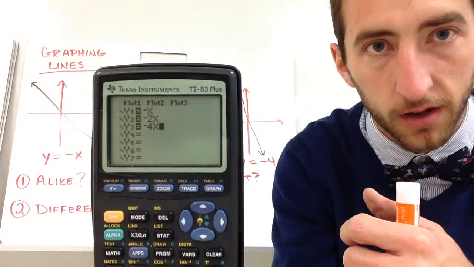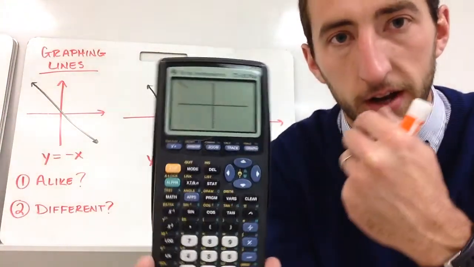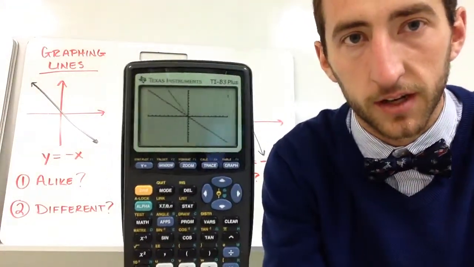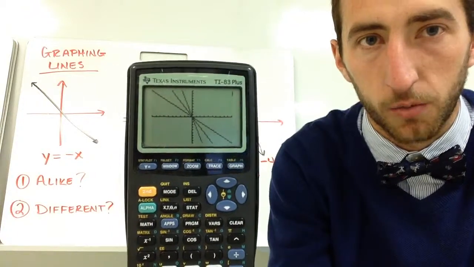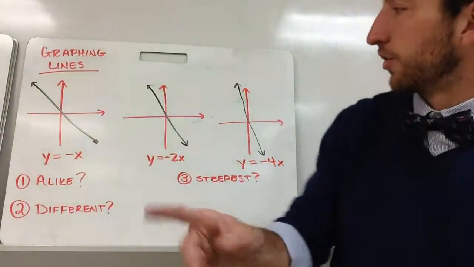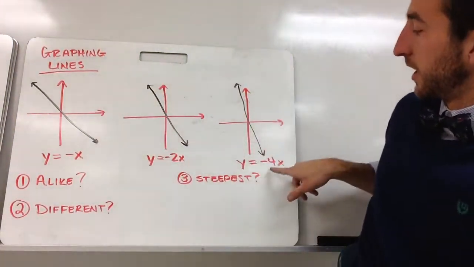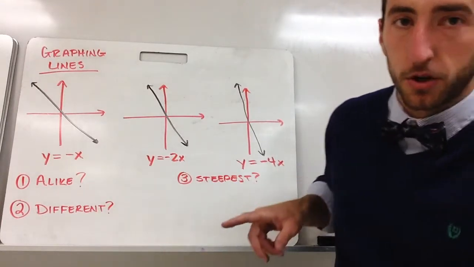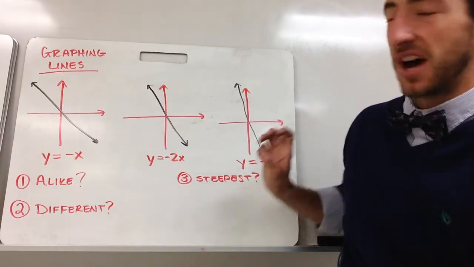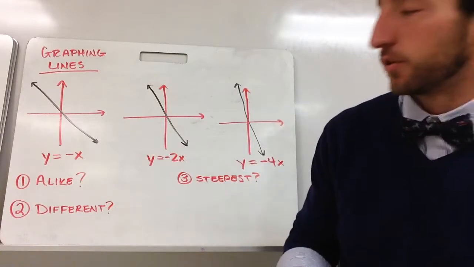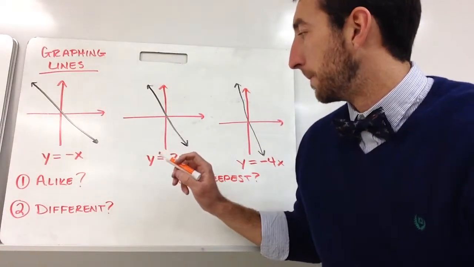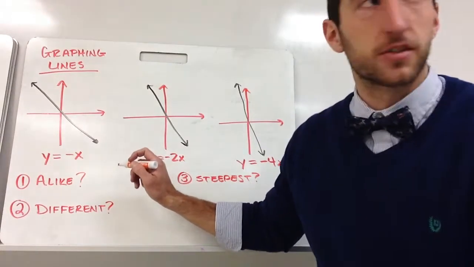So have that in for my y equals, press graph. I get my line y equals negative x, y equals negative 2x, and y equals negative 4x. So if you notice, they keep getting steeper and steeper. So even though these numbers are getting smaller and smaller, you think of the absolute value of them getting bigger, which makes the slope steeper.